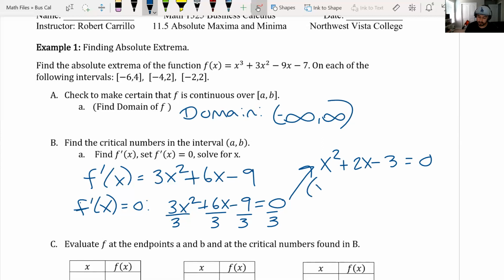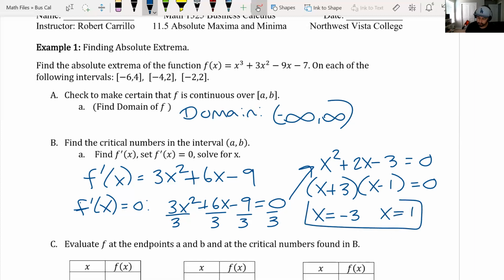Factor it. I should get (x plus 3)(x minus 1) equal to 0, and x equals -3, and x equals 1. These are my critical numbers.